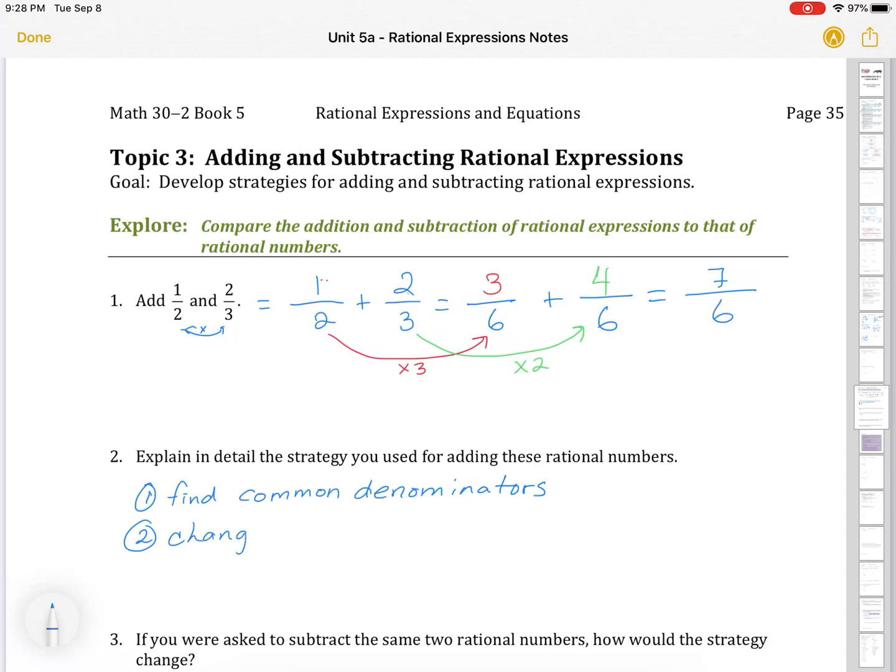We change the rational numbers to equivalent fractions.